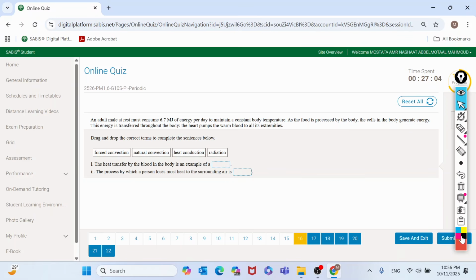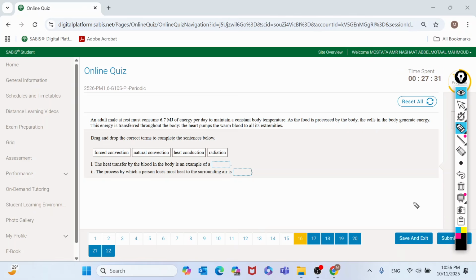Okay guys, this question, look, so there's natural convection and forced convection. Natural convection is when you have hot and cold and it's going by itself, the convection current. Forced convection is when the hot, or the cold, is being pushed.